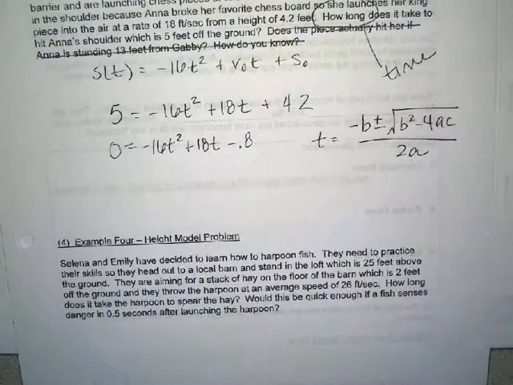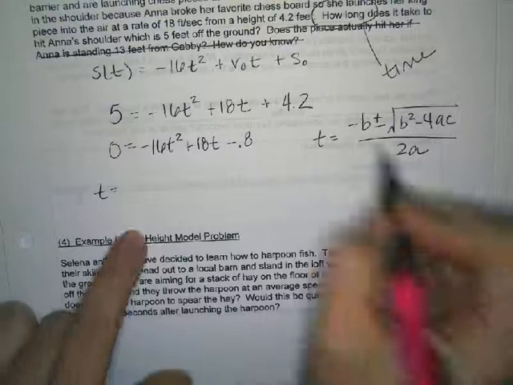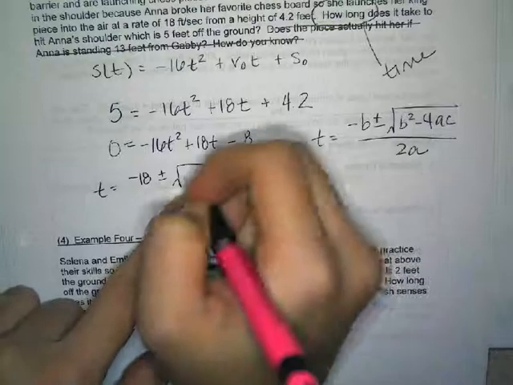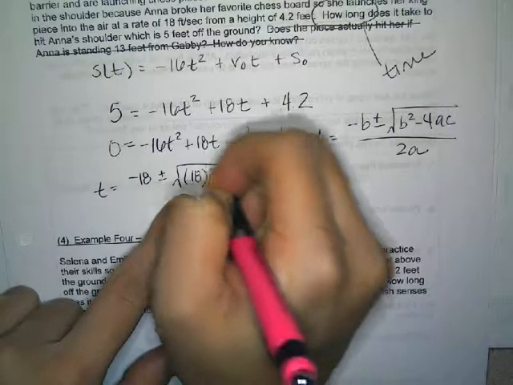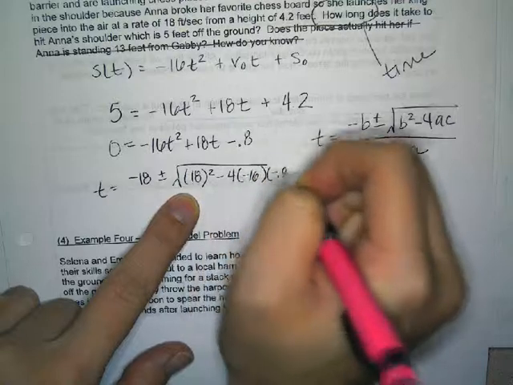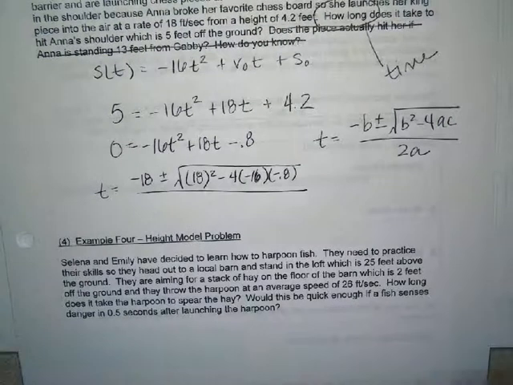Okay, and then we're going to plug in the numbers where they go. So negative b is negative 18, plus or minus the square root of 18 squared, minus 4 times negative 16 times negative 0.8. I know I'm going kind of fast. I'm just plugging numbers in.